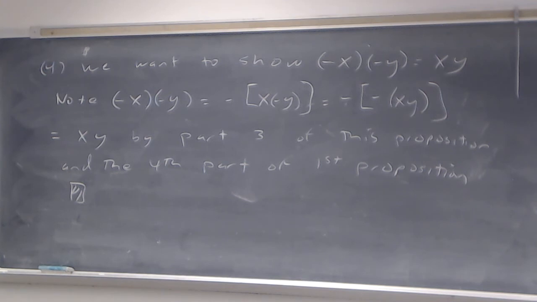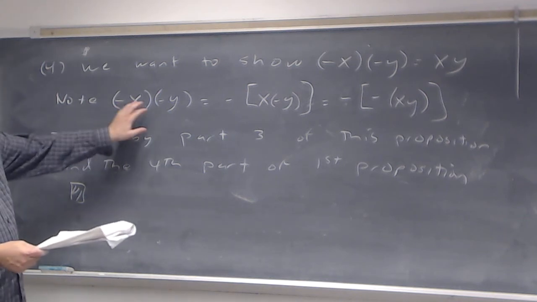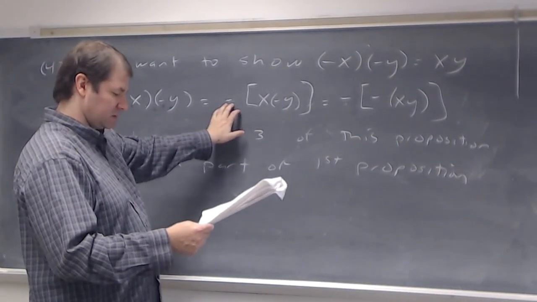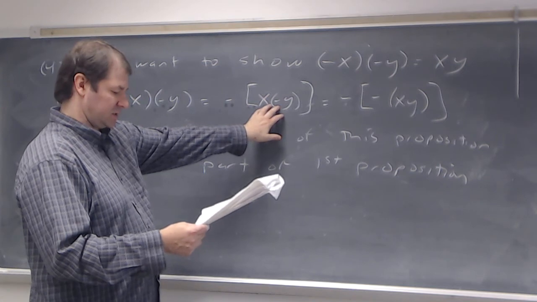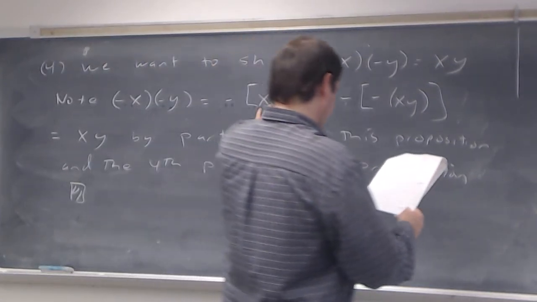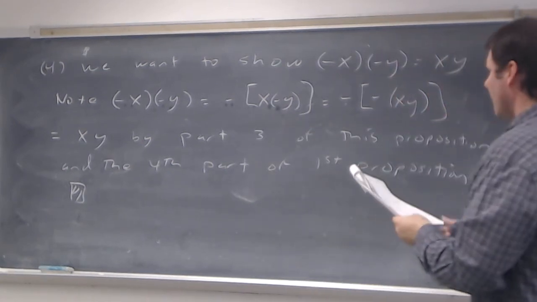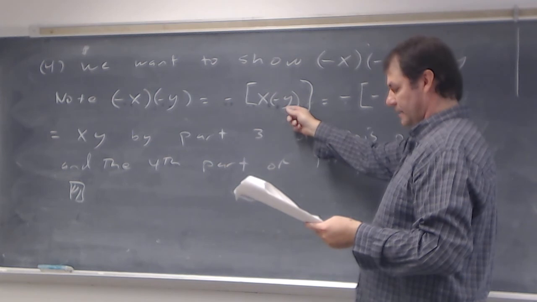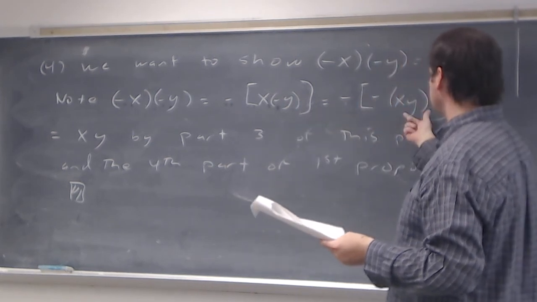Let's take a second and look back over what's written here. So, part 3 of this proposition said that if you take minus x times the second quantity, that's equal to minus x times the second quantity. Okay, and that's what we have. And then we have x times minus y is equal to minus x times y.